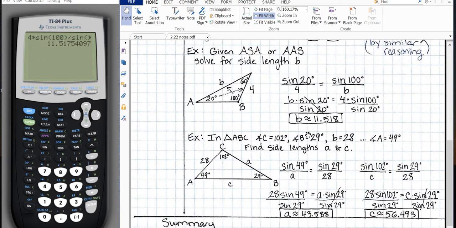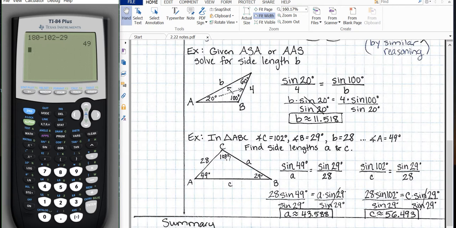Well, just by knowing the triangle sum theorem, I was able to figure out angle A, that must be 49 degrees, because we can simply take 180, which all triangles sum up to, and subtract our 2 given angles. So take away 102, and from that, take away 29, and then we see that we're left with 49 degrees. So now we actually know all 3 angles in our triangle. Okay, so that's where that came from.